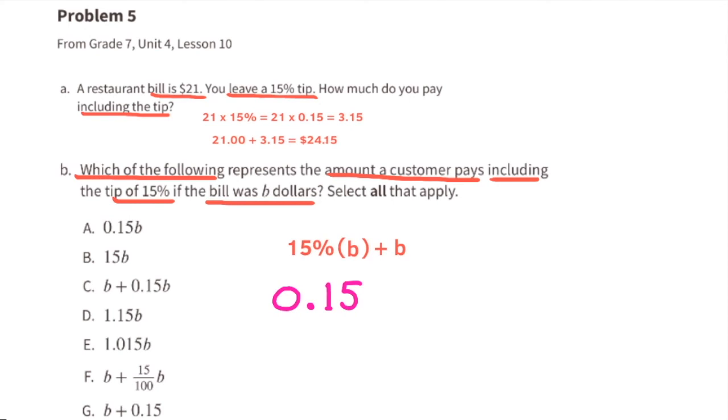15% of the bill plus the bill. We could rewrite that as 0.15 times B, representing 15% of the bill, plus B, representing the actual bill.